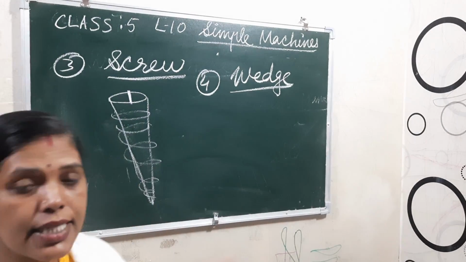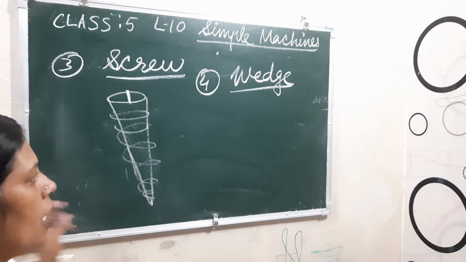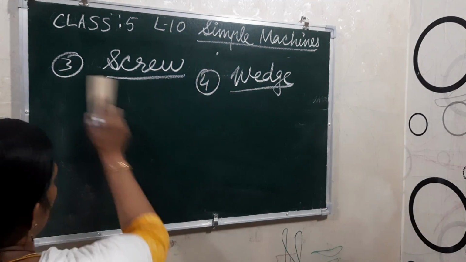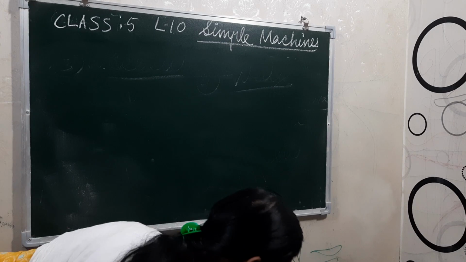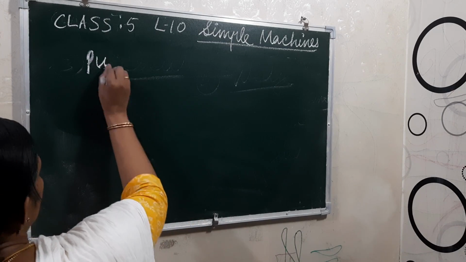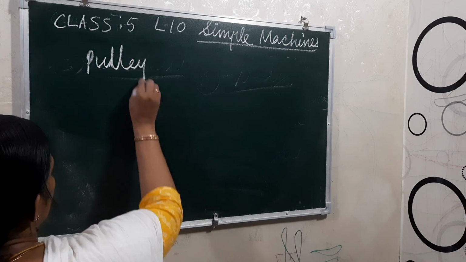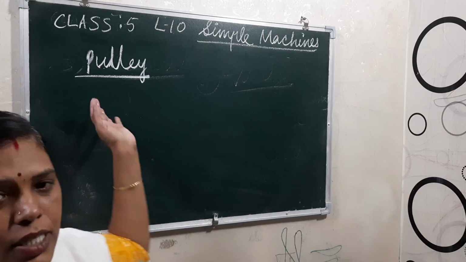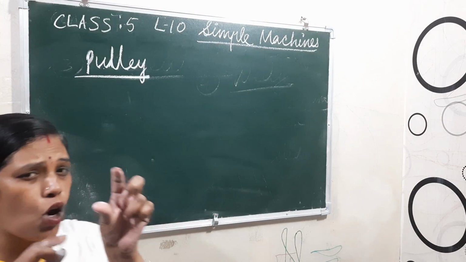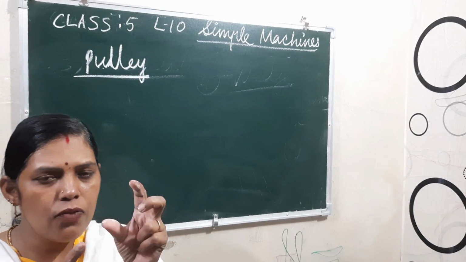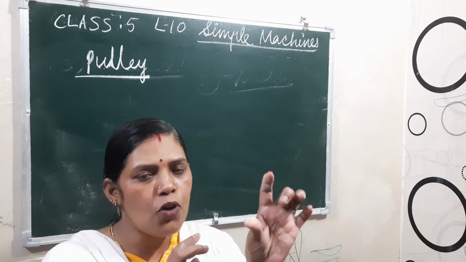Okay, now the next example is the pulley. In a pulley you can see it is a small wheel, and there is actually a groove also there.